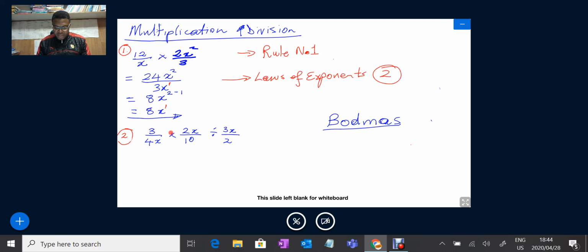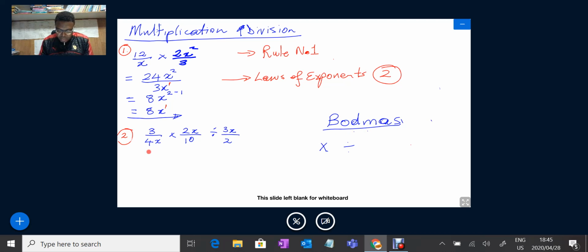So we have the first term multiplying the second term and dividing by the third term. What is it that comes first between multiplication and division? What comes first? I'm looking at my BODMAS here. I see division comes first and then multiplication comes second. I'm going to follow the rule.